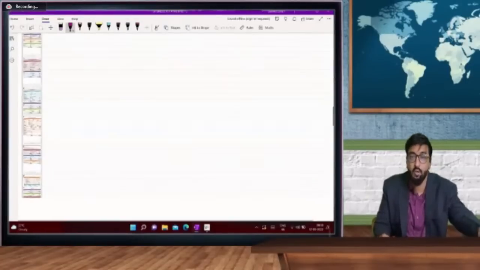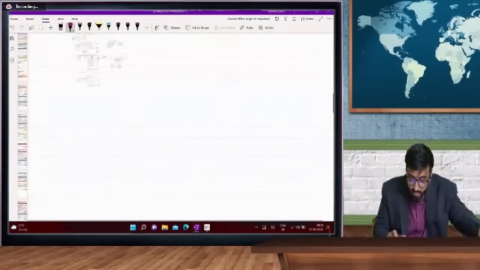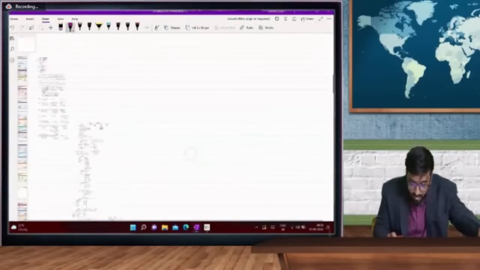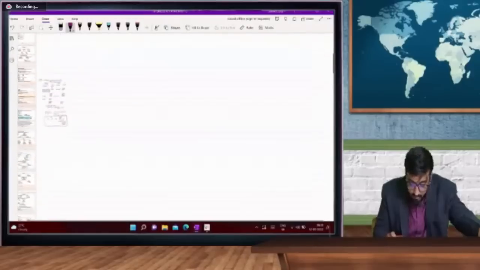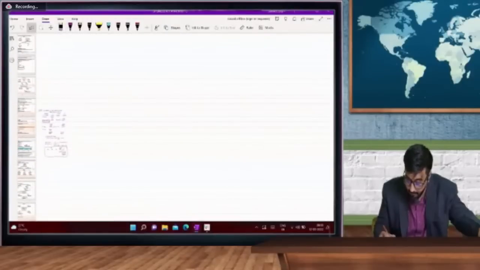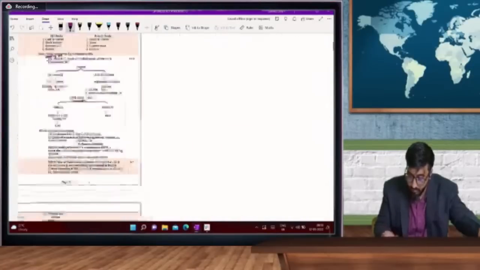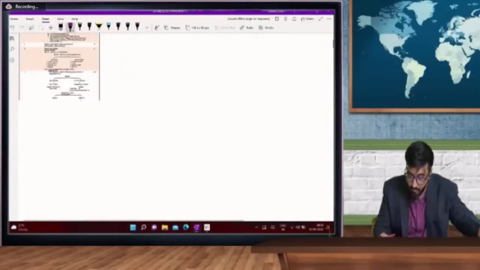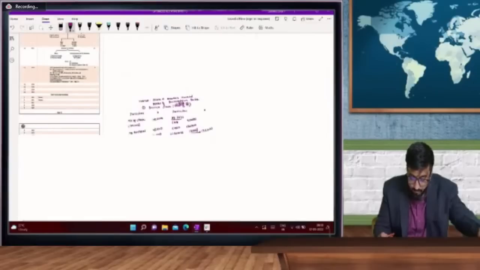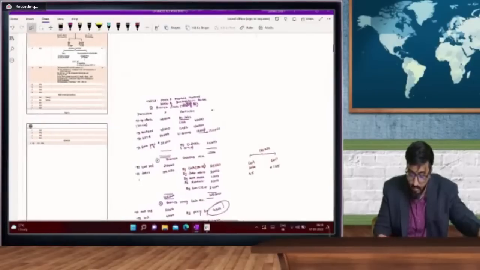So full incorporation, illustration number 13. Partial incorporation is illustration number 12.